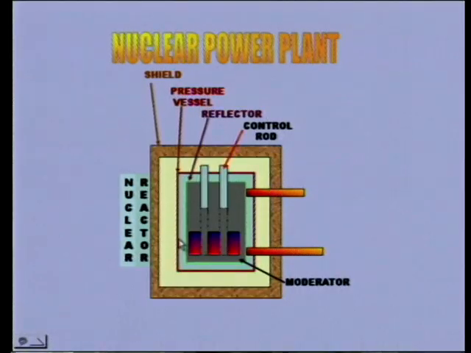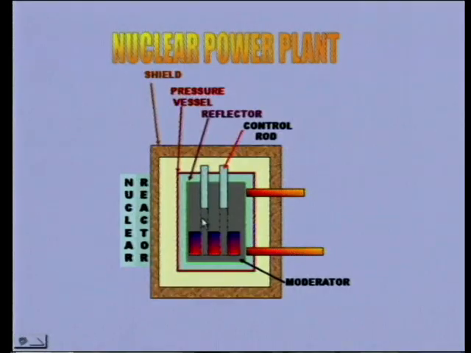The pressure vessel is made up of 50 to 60 centimeters thickness of steel. This provides a thermal insulation between the reactor core and the shield. It protects the shield from getting heated by the heat that is generated in the reactor core, isn't it?